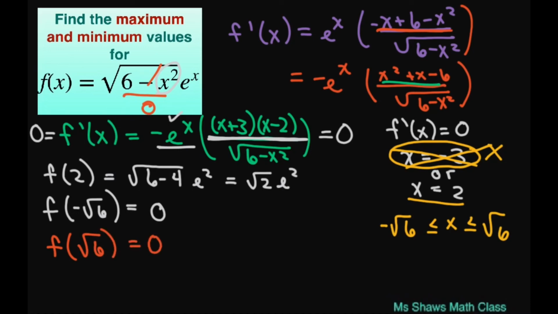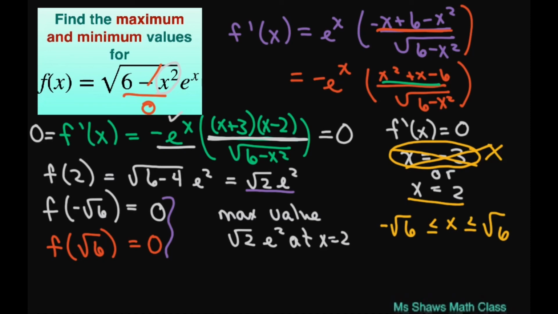So your smallest number is here. That's going to be your minimum value. This is your larger number. So what you would write is that your max value is square root of 2 times e squared, and that is at x equals 2.